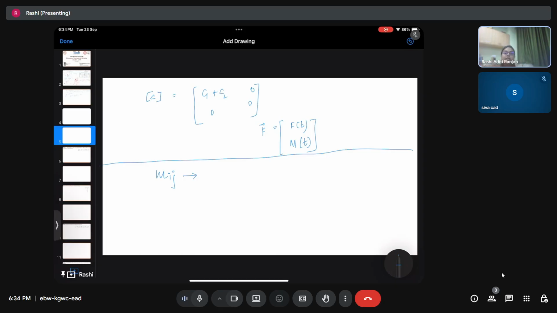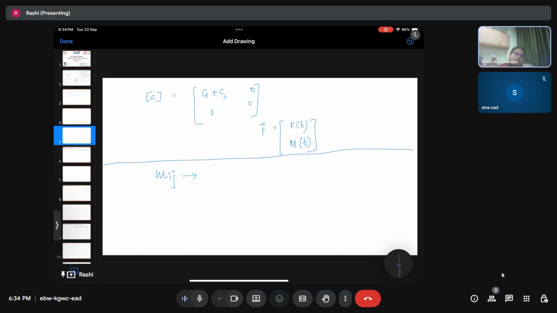So it is basically the momentum at the point J for which there is a unit change of velocity of the system at point I.